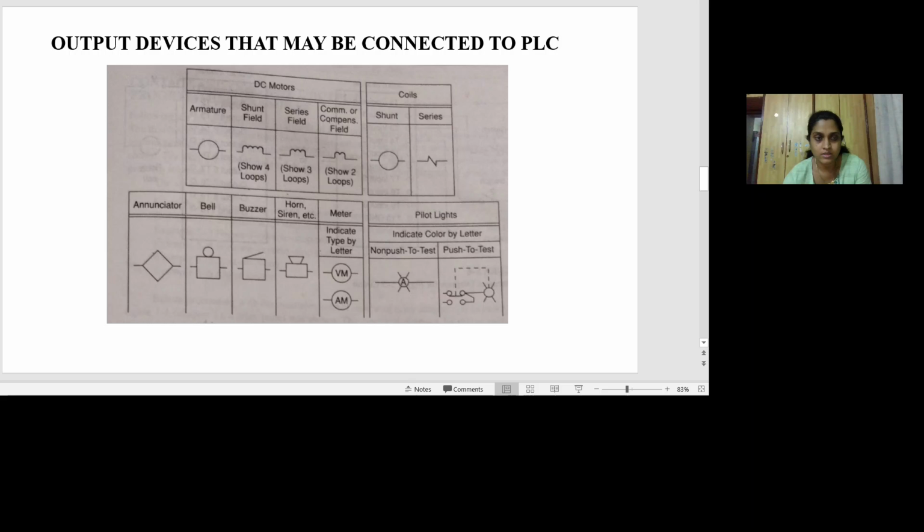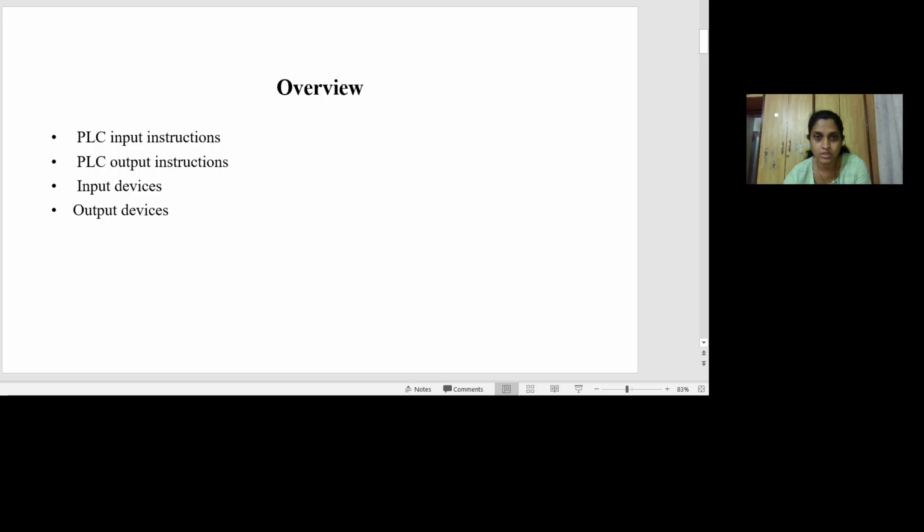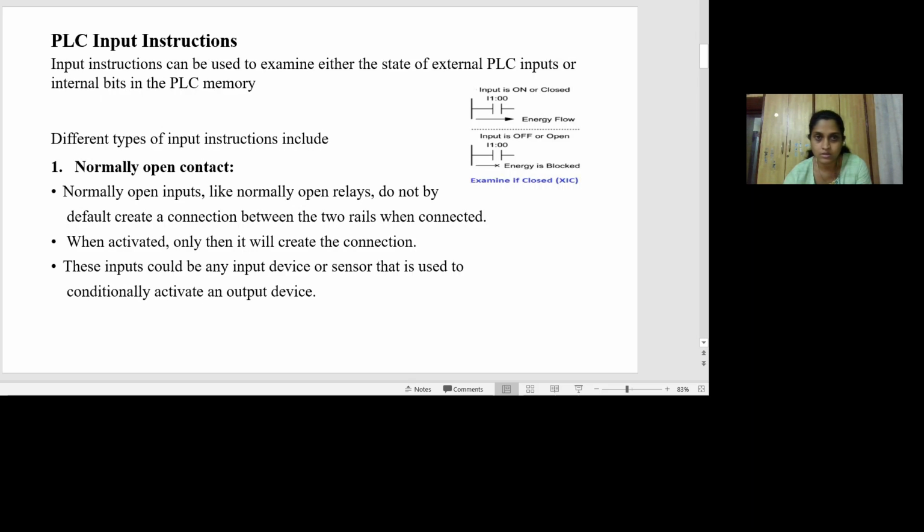Now let's recap what we understood in this session. The first thing we went through was the input instructions. There are five input instructions: NO contact, NC contact, latch unlatch system, then rising edge actuation and falling edge actuation.